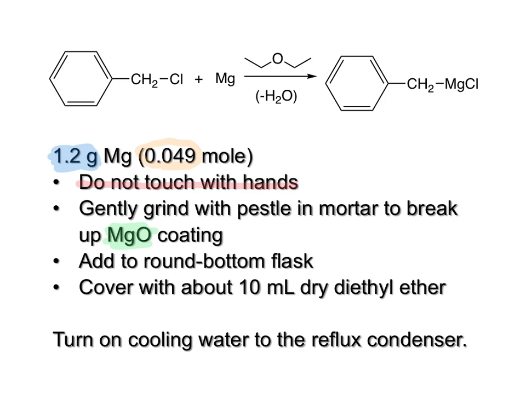So we're going to gently grind that, just crush it a little bit in a mortar with a pestle to break up that coating before we add it to the round bottom flask. Then we will cover it with just about 10 milliliters of dry ether. We'll use a total of 50 for the first step, and so you'll use about 10 milliliters. Then we will set it up and turn on the cooling water to get ready for our reflux.